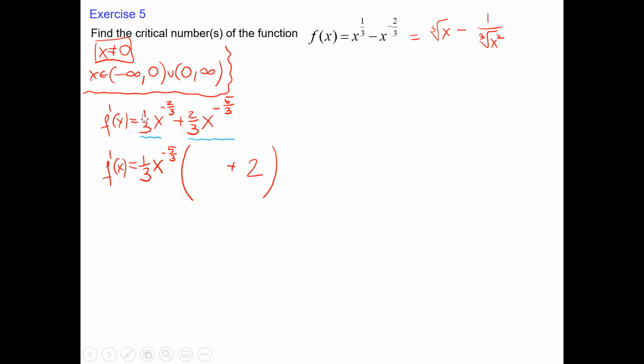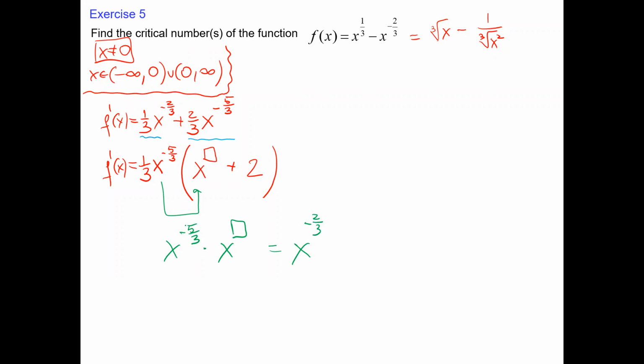Now, the first quantity. 1/3 is outside, okay, but x to the negative 2/3 was the original exponent, and I took away x to the negative 5/3. This means what will be the new exponent? When we multiply the same base, we add the exponents. And the original exponent was negative 2/3.